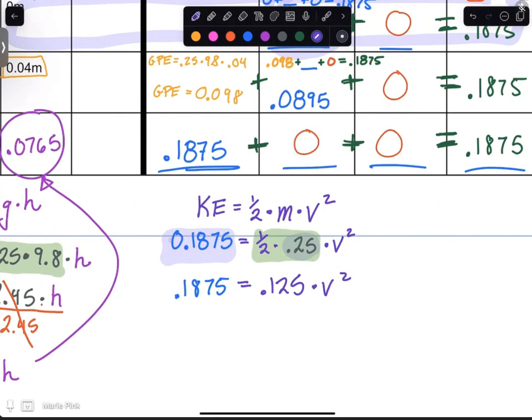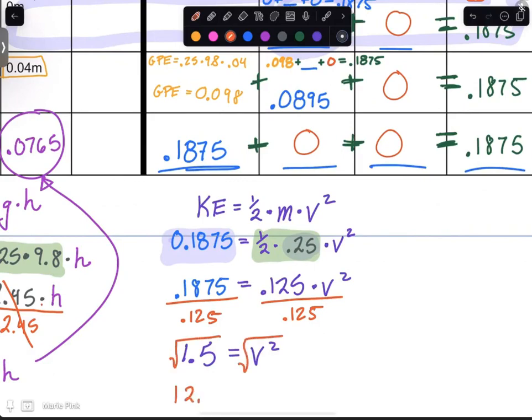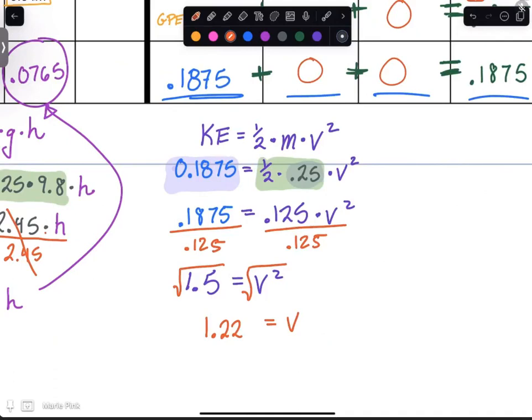So please take that advice. And then you'll divide both sides by the 0.125. And then the opposite of square is square root. So you get 1.2247 is your velocity. So you get about 1.22 meters per second for your velocity.